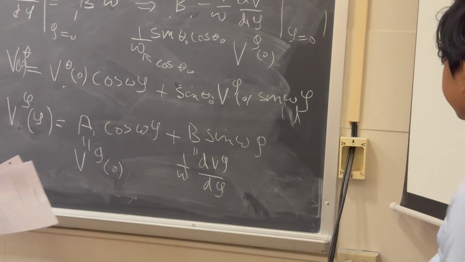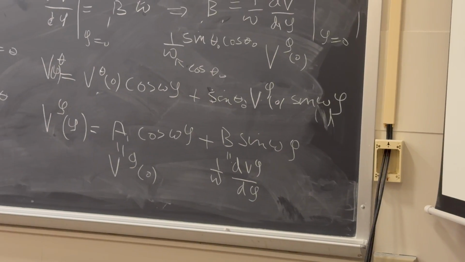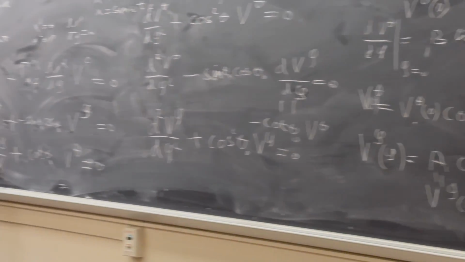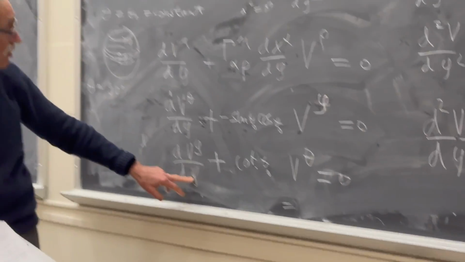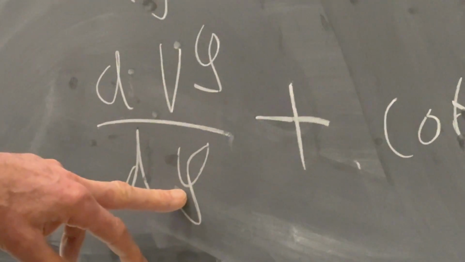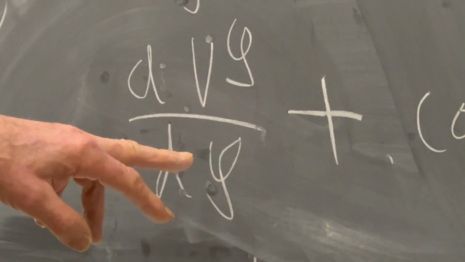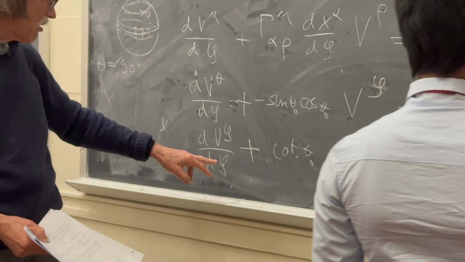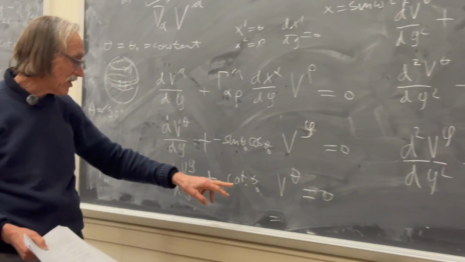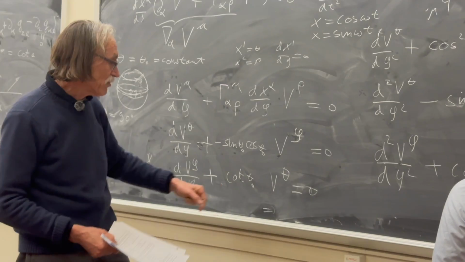And then if you go back to here, d v phi d phi is equal to minus the cotangent times v theta.